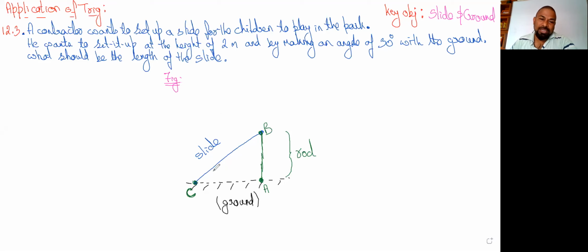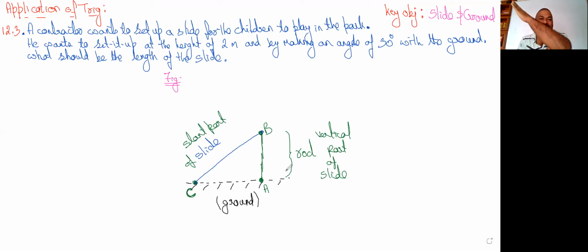This slant part is the slant piece of the slide, and this one is the vertical part of the slide. The vertical part and the slant part all together will become the slide. So this is the slide we are setting up.